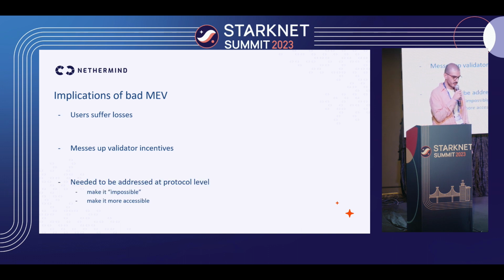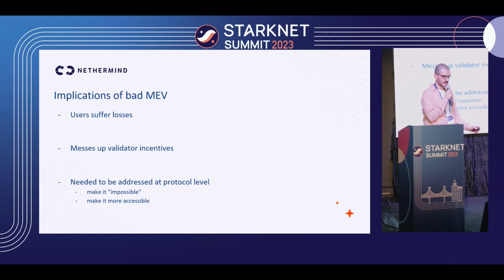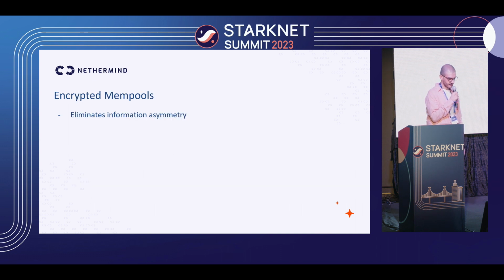So to me, it is obvious that MEV should be addressed at the protocol level. There are a couple of ways to do it. You either make it quote-unquote impossible, or you make it more accessible so that it further decentralizes the network. One way of doing it is encrypted mempools.